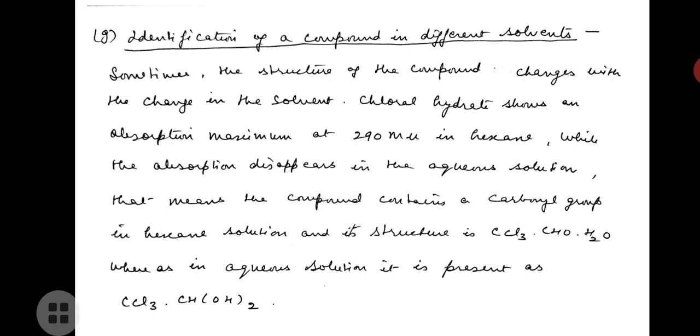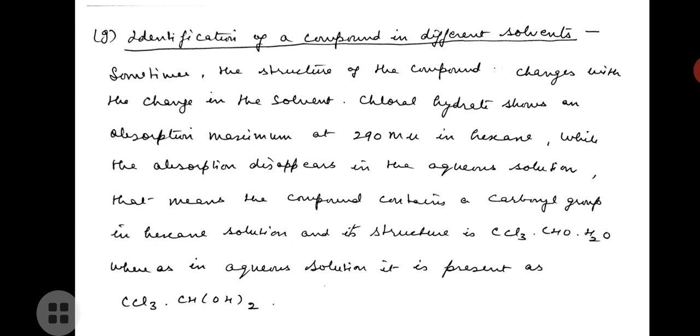The next one is identification of a compound in different solvents. Sometimes the structure of the compound changes with the change in the solvent. Chloral hydrate shows an absorption maximum at 290 millimicron in hexane, while the absorption disappears in the aqueous solution.